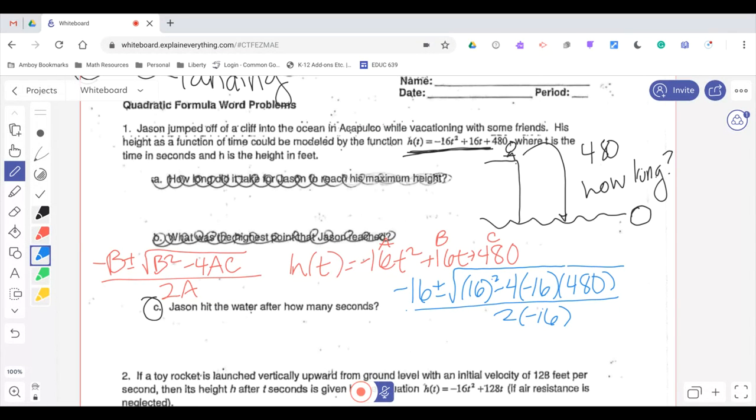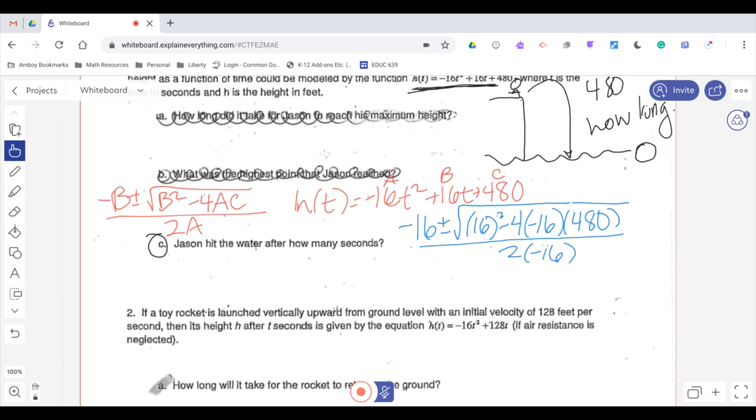Everything under the square root, I'm going to type into my calculator. It comes out to be a very, very big number. I do not have much room to do this, so I'm going to try zooming in.